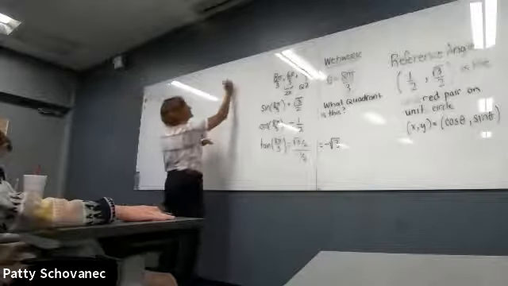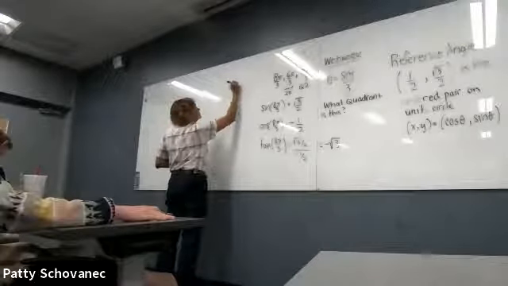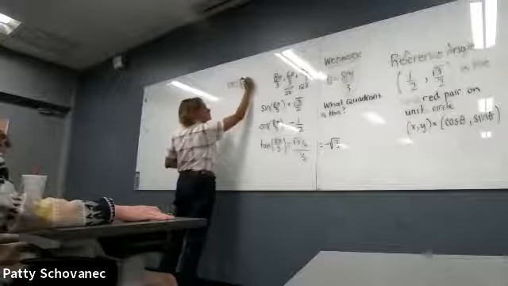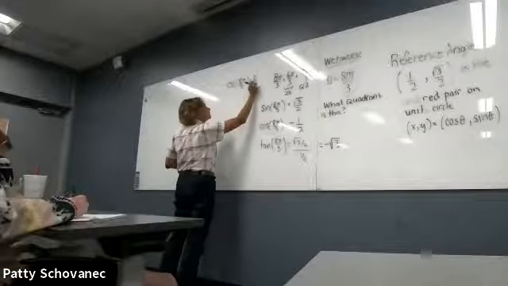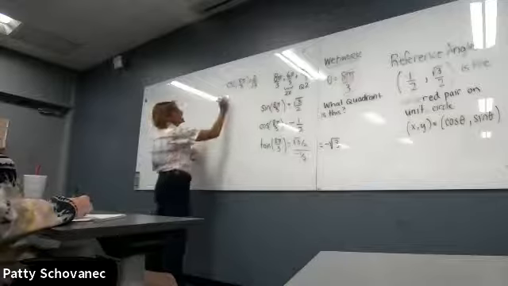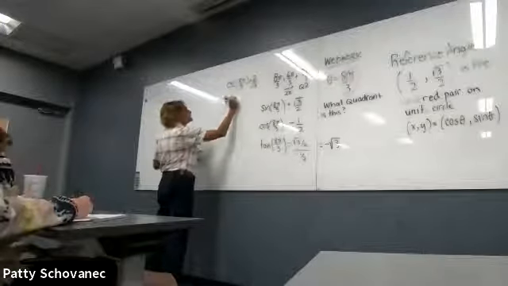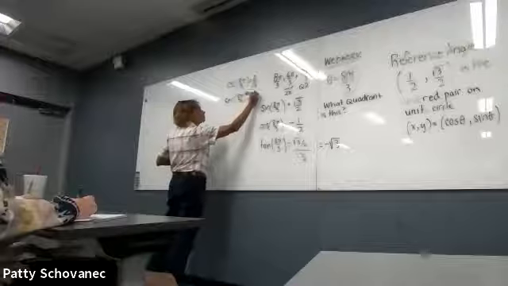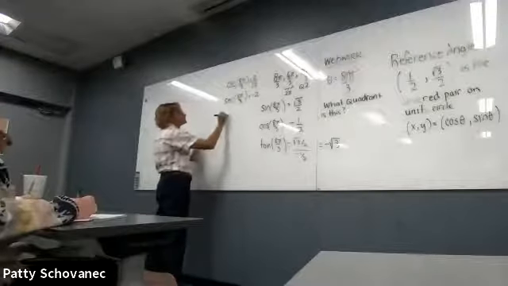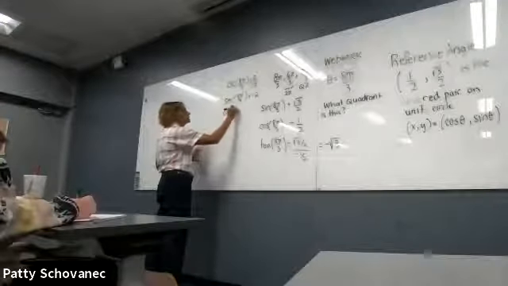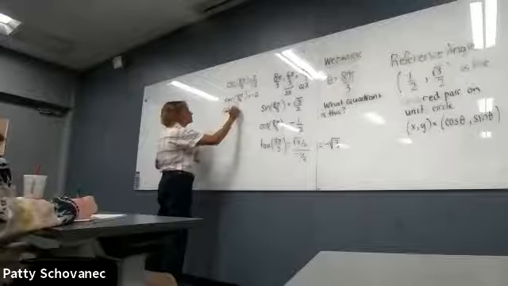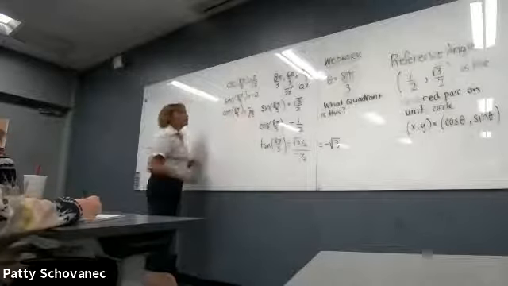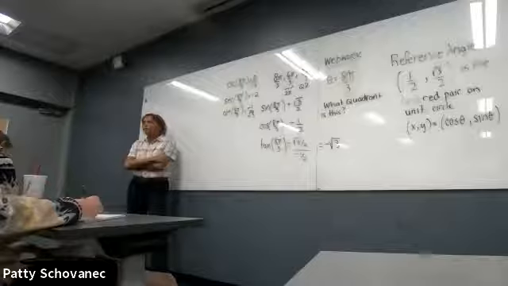The reciprocal of the sine is the cosecant. The reciprocal of the cosine is the secant. So that's just going to be a negative 2. And flip the tangent over to get the cotangent. So I get negative 1 over the square root of 3. So notice they're all negative except for the sine and 1 over the sine.